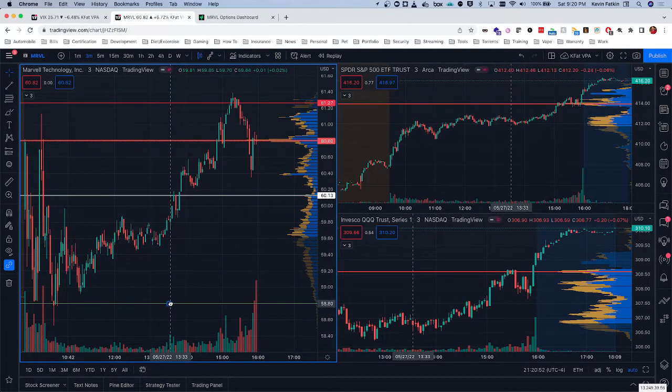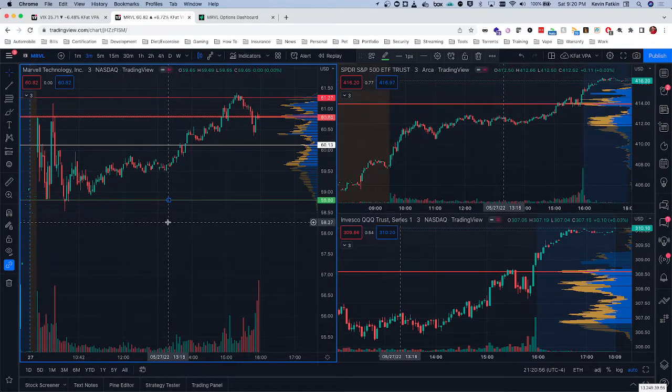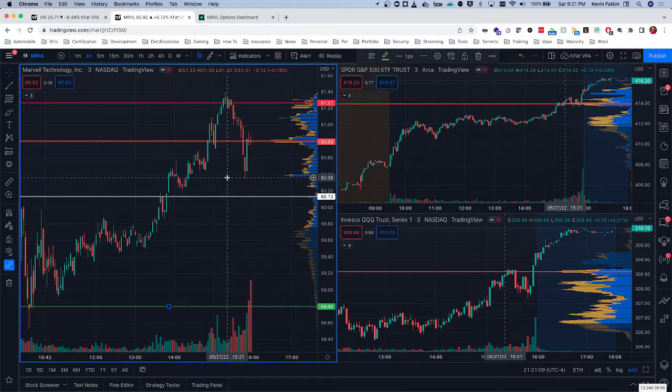But it's not about catching the whole move. It's about getting consistent wins. 20, 30, 40% is fantastic. When you get these big $1.50, $2 moves and you make 100%, 200%, those are fantastic days, of course, but it's unrealistic to pretend that you're going to catch those every day. And if you see someone constantly saying that they do catch those every day, it's because they're lying.